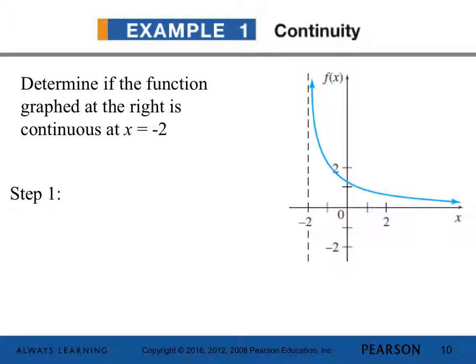Here we have a function that we have the graph of, and it says, is this one continuous at x equals -2? So we want to investigate what's going on at -2. But notice that at x equals -2, we have an asymptote. So, does f of -2 exist?